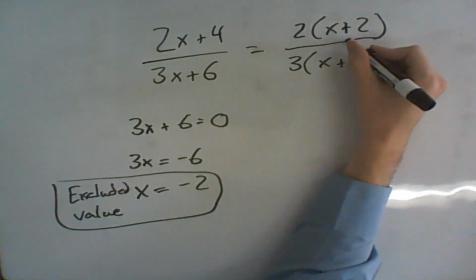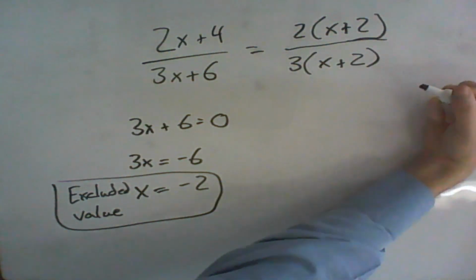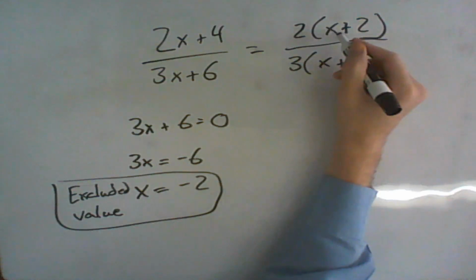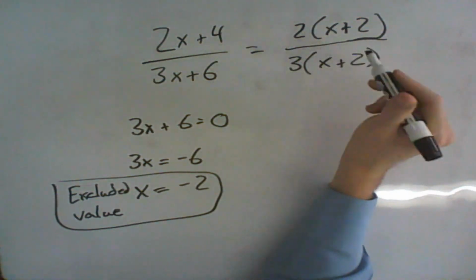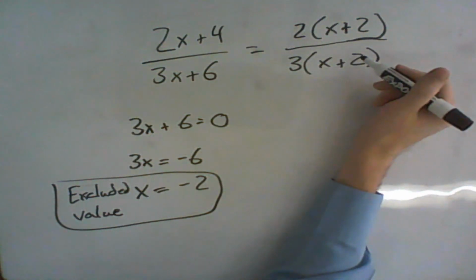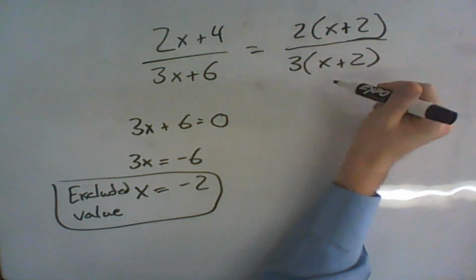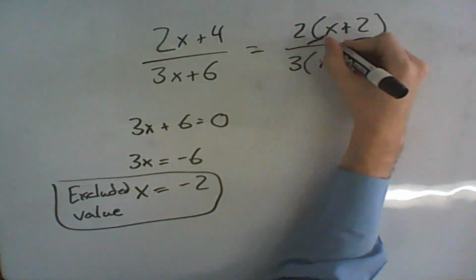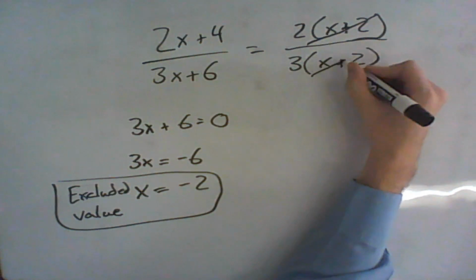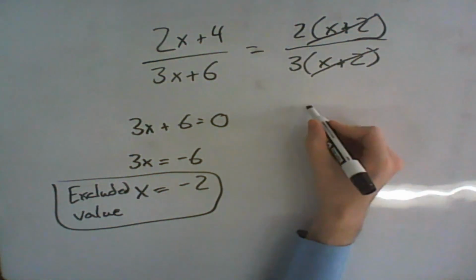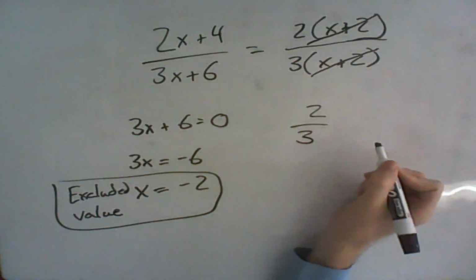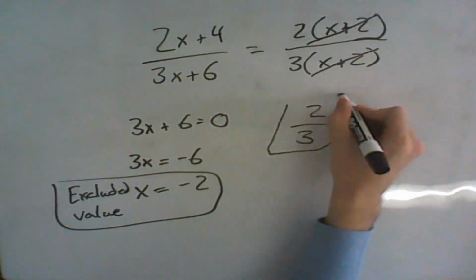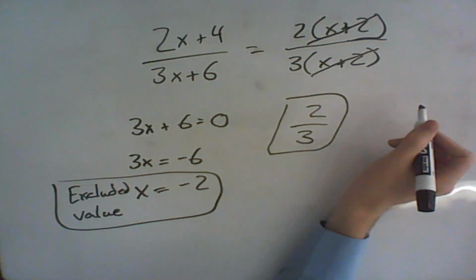Now, the x plus 2 and the x plus 2 are both in parentheses, which means there's multiplication going on. So we can cancel out the whole parentheses and simplify it to be 2 over 3. This is our simplification.